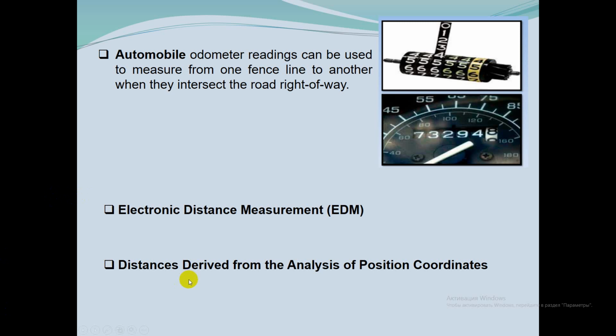Also, to determine distance, you can use distance derived from the analysis of position coordinates. Spatial point positioning can be determined by using satellite positioning techniques and by using various scanning techniques from satellite, aerial and ground platforms.